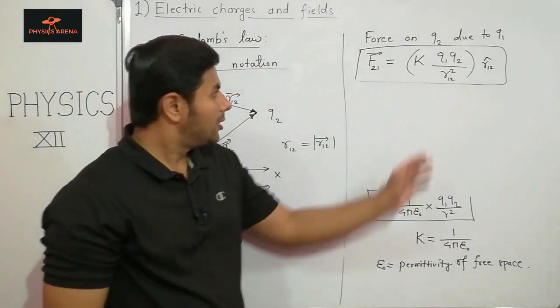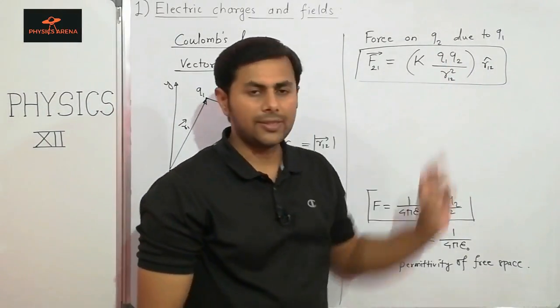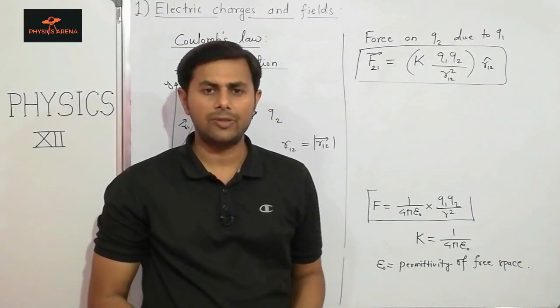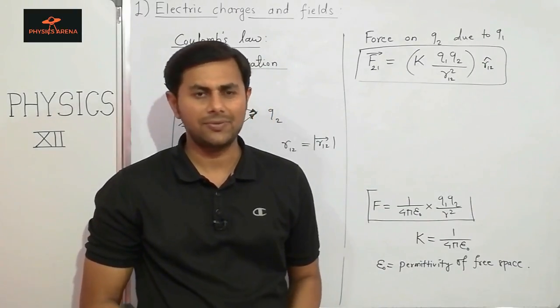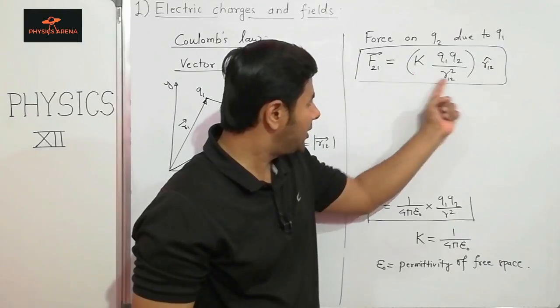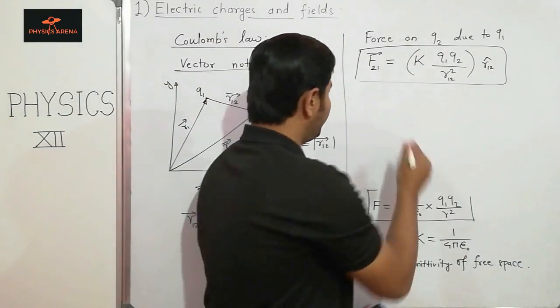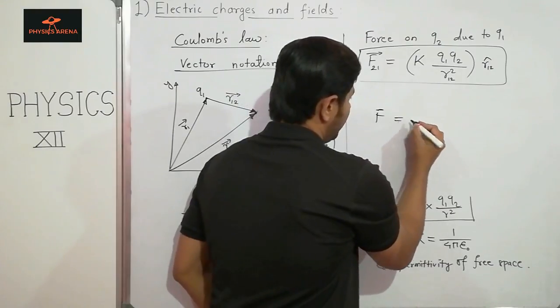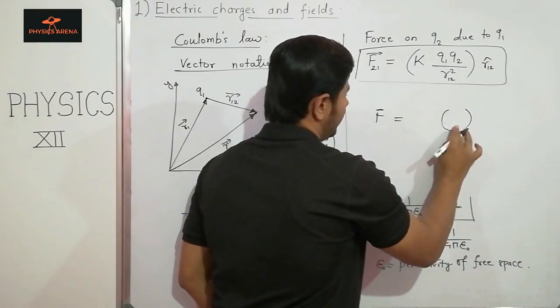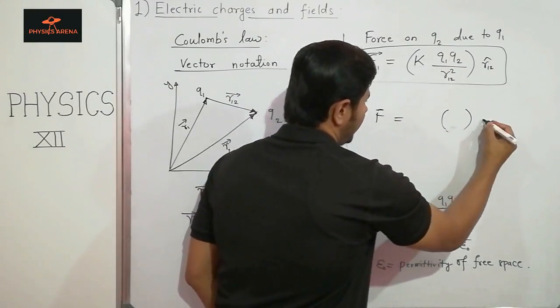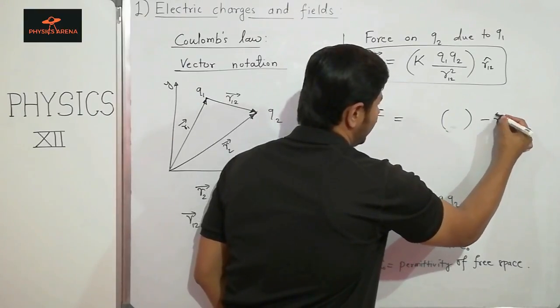Similarly, suppose the product of the two charges is negative, that means one of the two charges is negative, then we will have a negative sign from this factor. So the force will be some number multiplied by minus r12 cap.